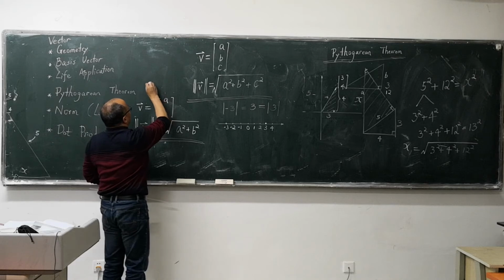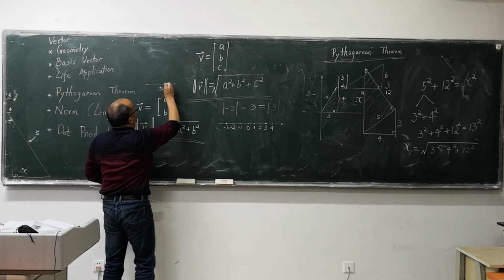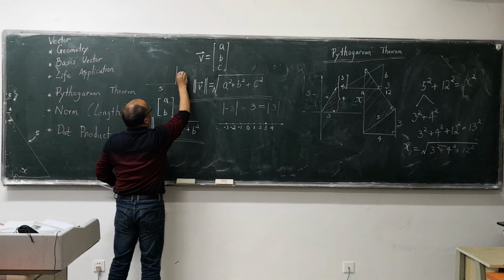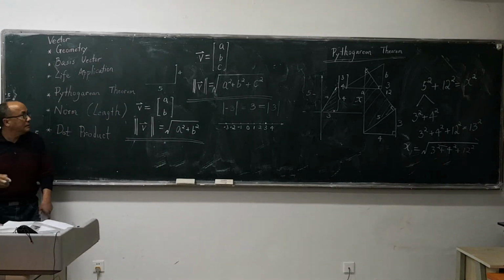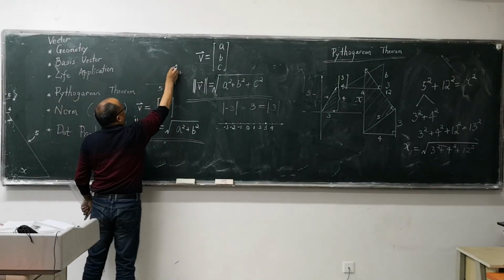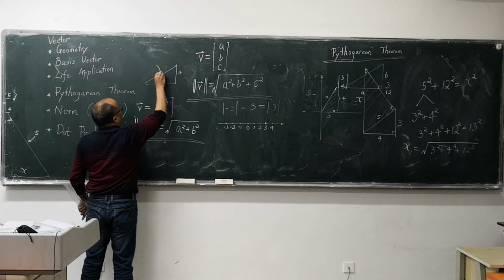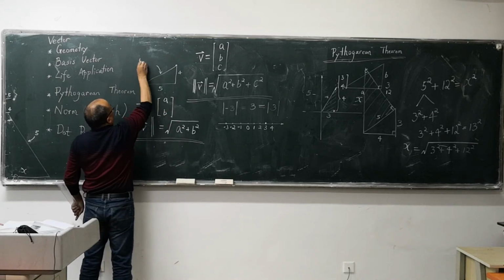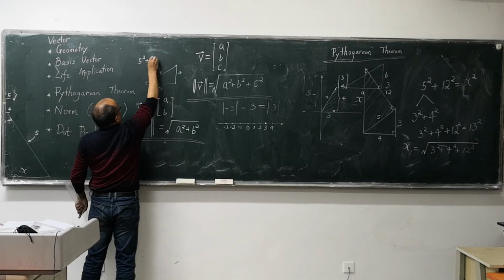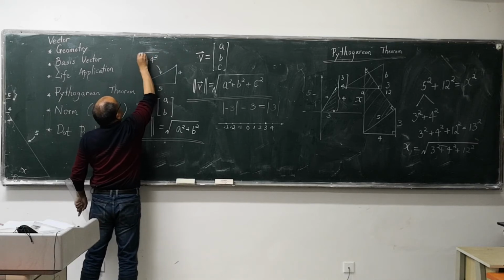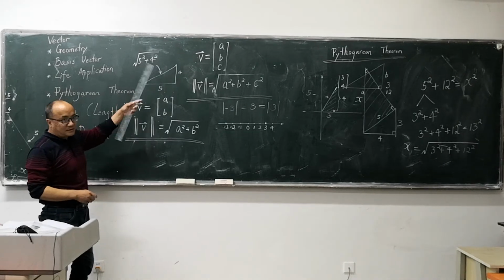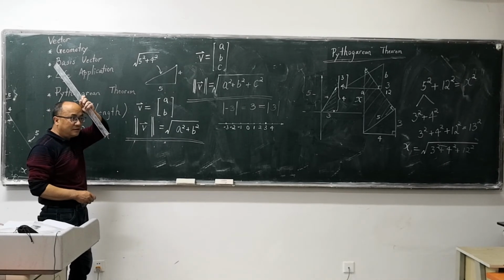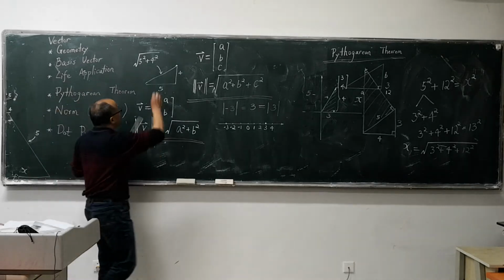So 5, vertical is a 4. Here is the projector in the air. So what's here? It's 5 square plus 4 square. 25 plus 16, 41.